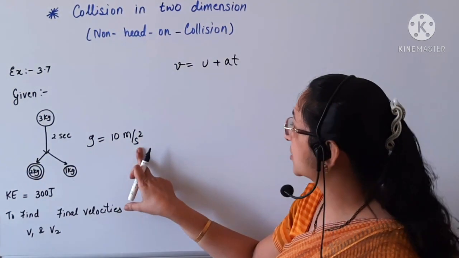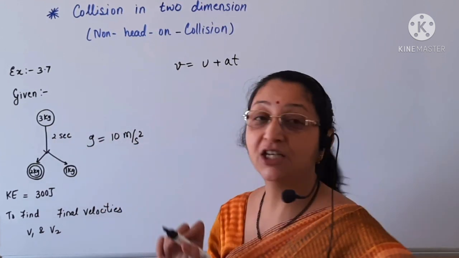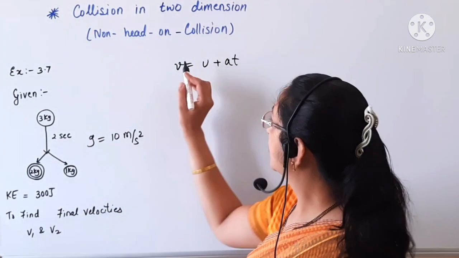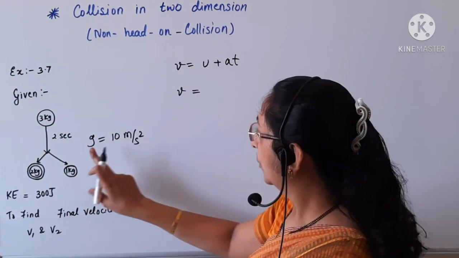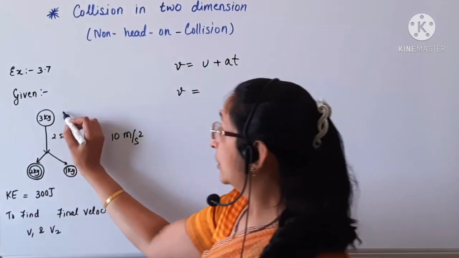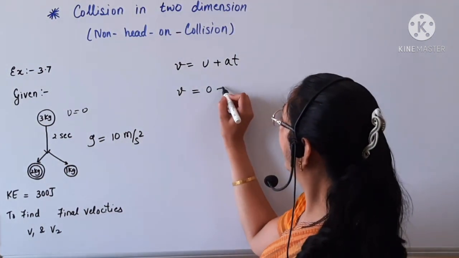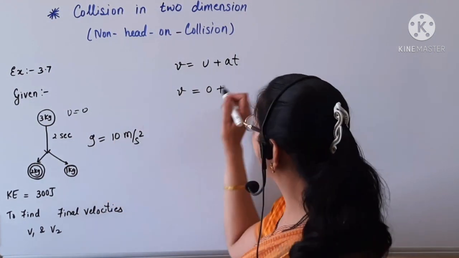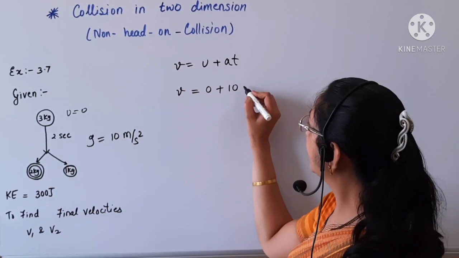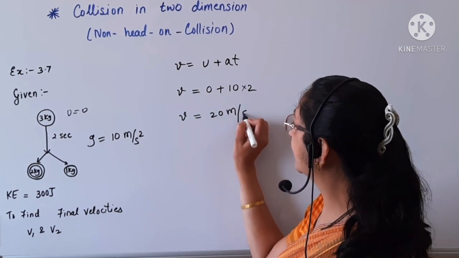What will be the velocity of the shell after 2 seconds? V is equal to U, the initial velocity, which here is 0, plus a, the acceleration, that is 10, into t, time is 2 seconds. So V, the velocity, is 20 meters per second.